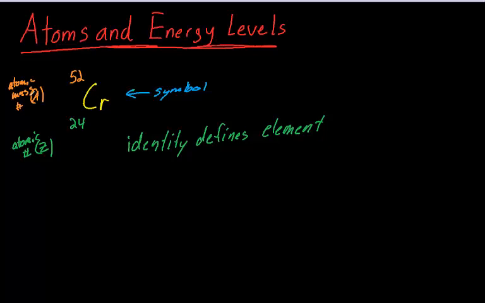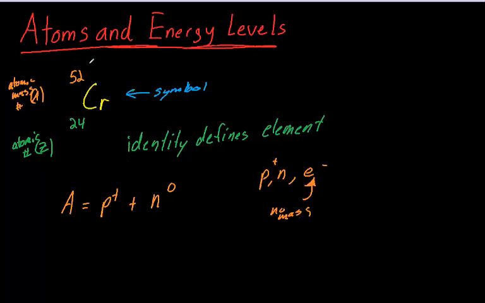So we also have this number up here, the atomic mass number, and the atomic mass number A is simply the number of protons plus the number of neutrons. And so it's kind of the whole mass of the atom. Now, as you probably know, we have protons, neutrons, and electrons, but electrons essentially have no mass, so we don't need to add them to get the atomic mass number.